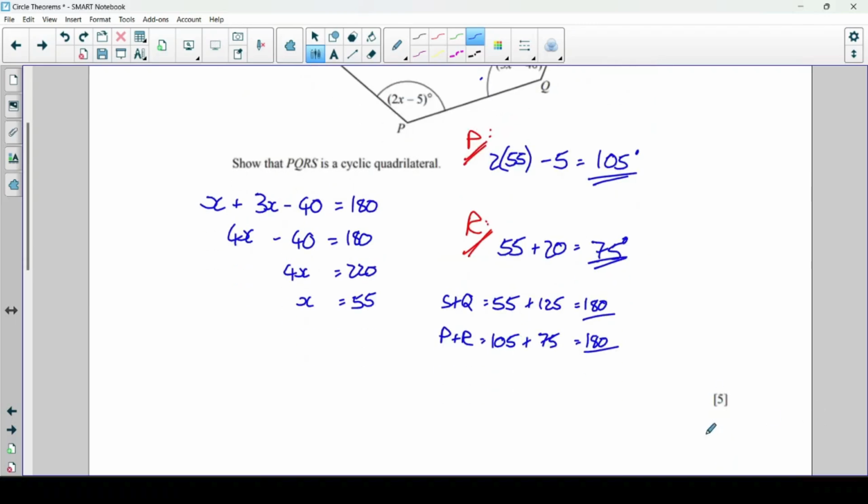This is 5 marks, so let's not give them an excuse to take a mark off us. So I'm now going to write opposite angles sum to 180, therefore it's a cyclic quadrilateral.